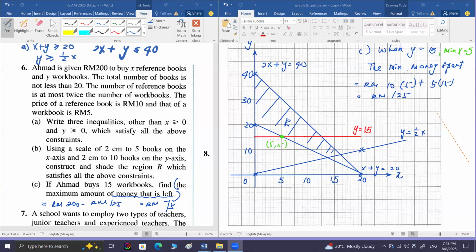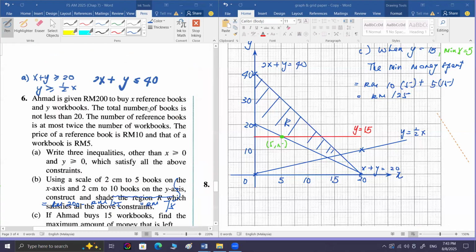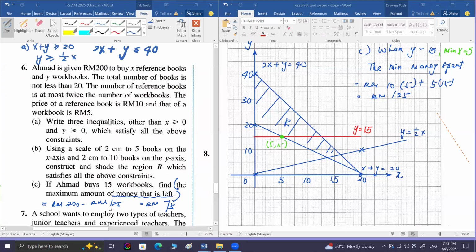Now look at this and see. Just now I substituted into 10x. We see the price there: 10 ringgit for the reference book and 5 ringgit for the workbook.